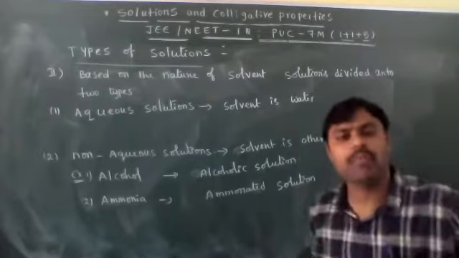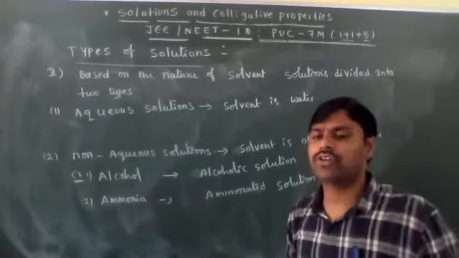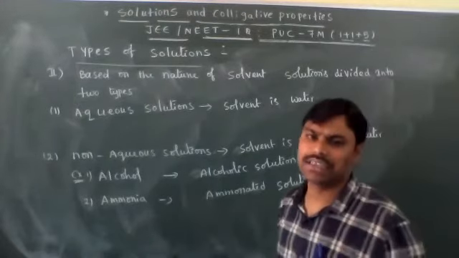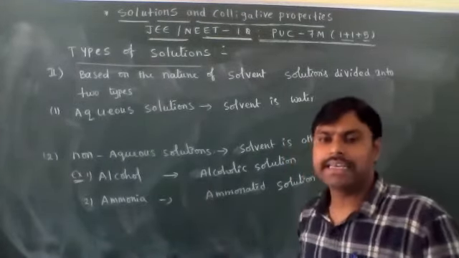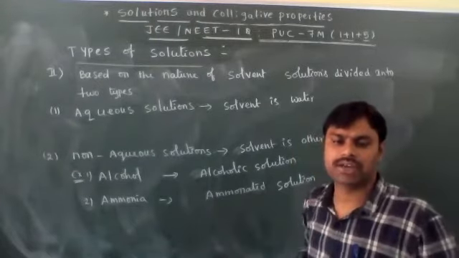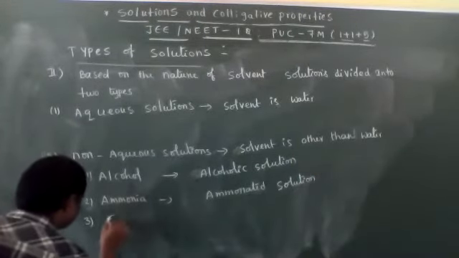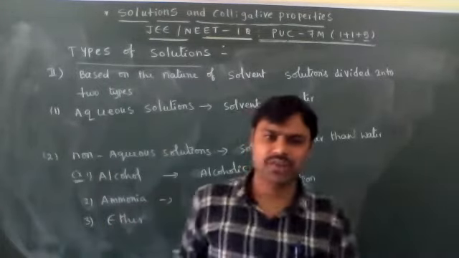For example, instead of ammonia or alcohol, an organic solvent like ether, a very well-known organic solvent. If ether is used as a solvent, then the solutions are called ethereal solutions. Ether means what, dear students?